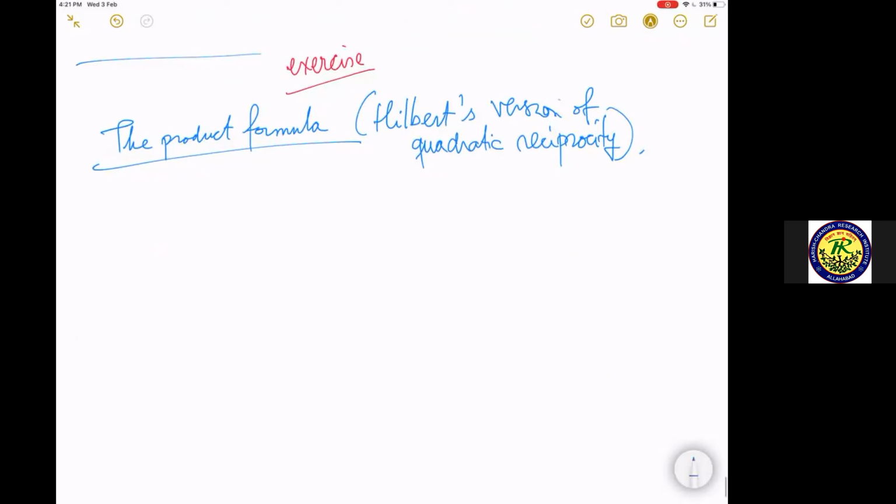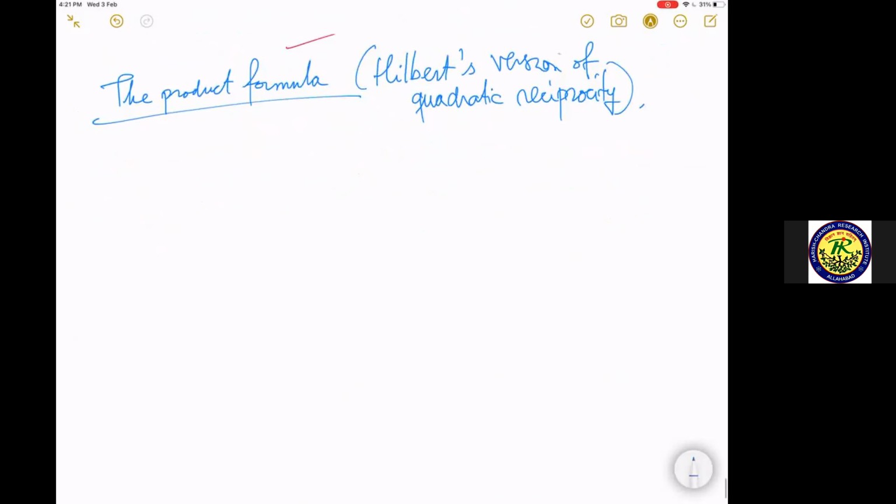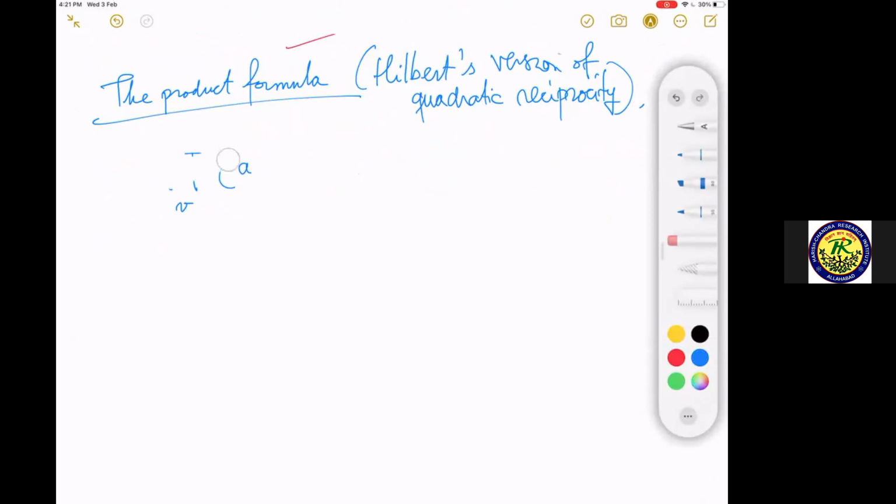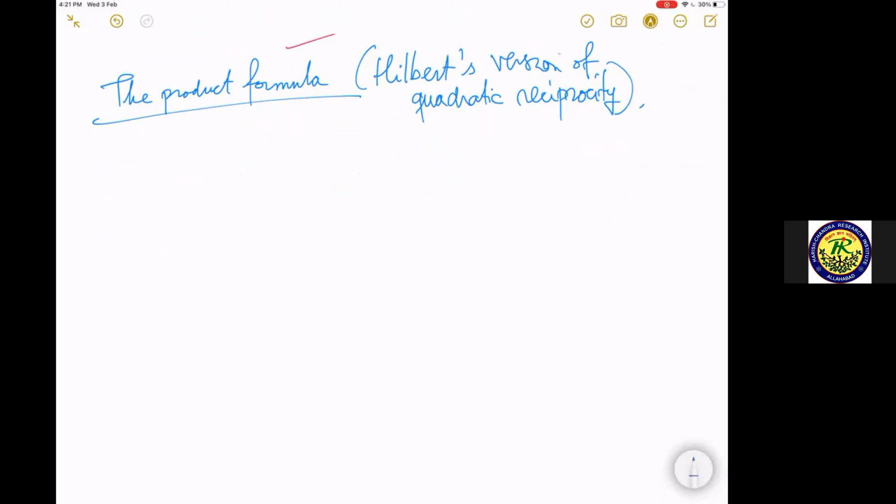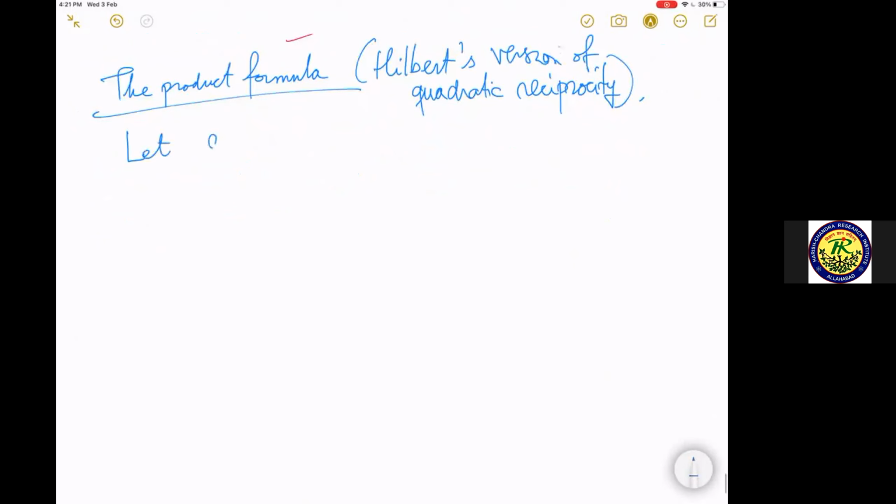So the product formula says, let me start over again. Let A and B be in Q star, now not in Q_p star. So I have no prime which is fixed. I'm taking two non-zero rational numbers.